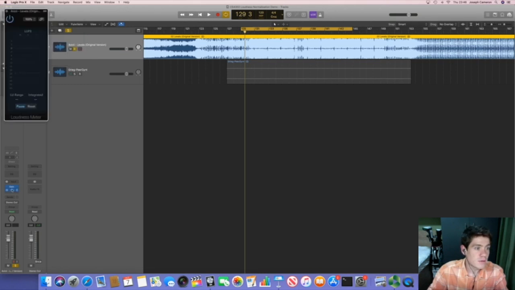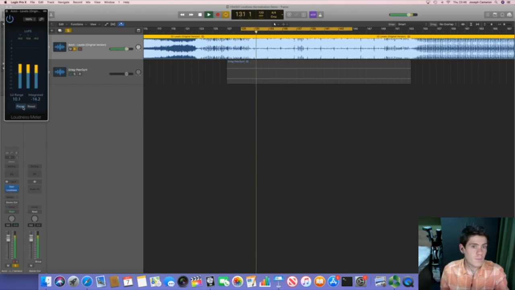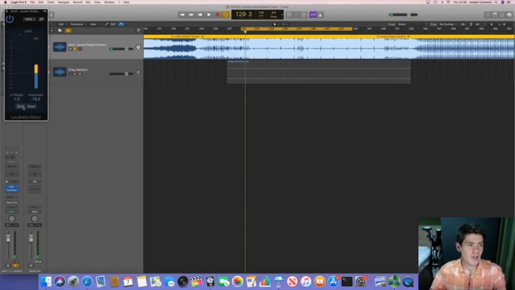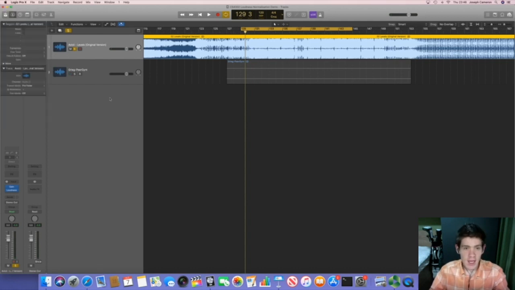Now this should also be minus 14 LUFS. So yeah, now we also have minus 14 LUFS for Levels. And what's really cool about this is that both tracks, which were originally really different in volume and perceived loudness, should now be about the same.